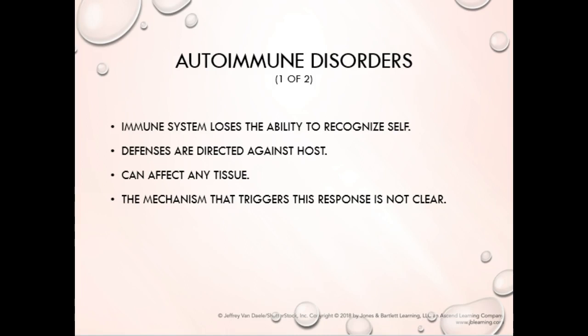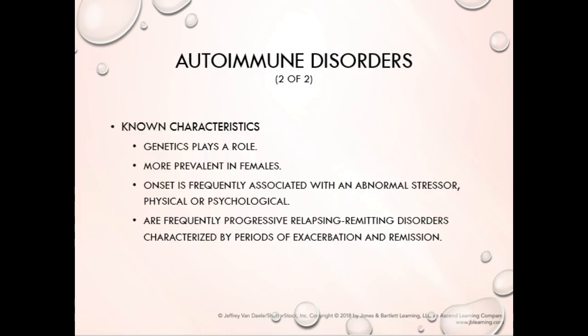The mechanism as to why this happens is not clear. This is the million-dollar question. If we only knew, we could treat, but we don't know. There seems to be a link with stress, and I think that's why your book goes over stress at the beginning. Stress will either trigger the onset or the exacerbations of these diseases. Genetics can play a role as well.